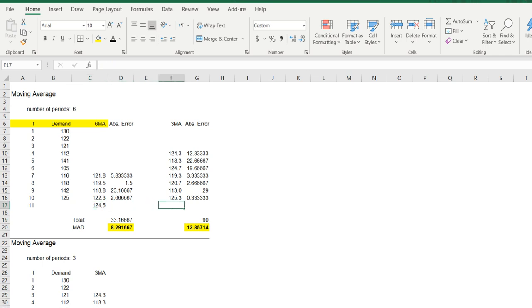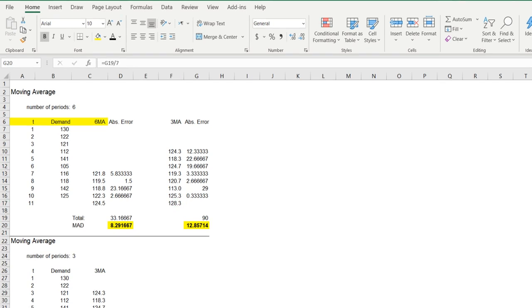Let's see, I can reclaim that one if I just let me bring that number back. Okay, I got it back. It was 128.3. So the 11th period forecast for demand using 6 period moving average is 124.5. Using 3 period moving average is 128.3.